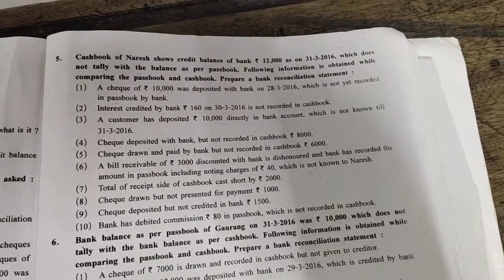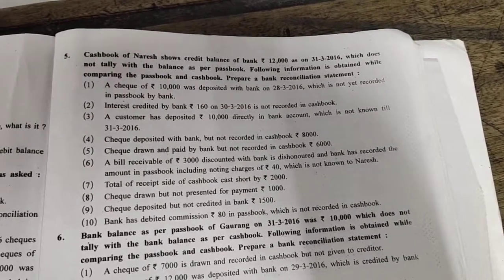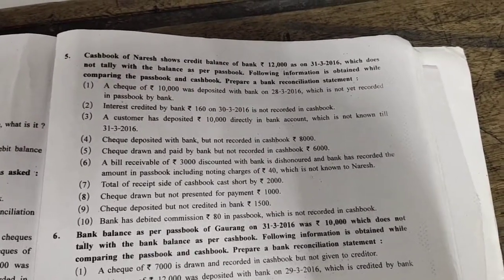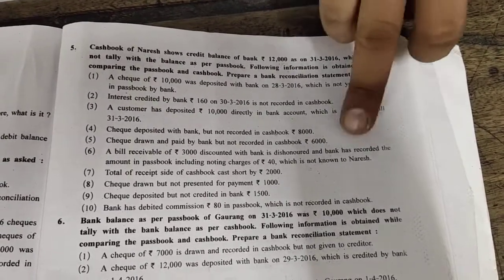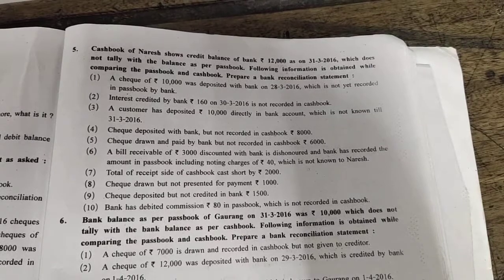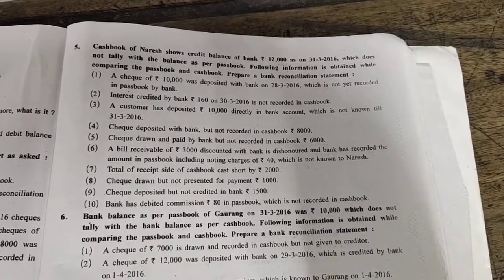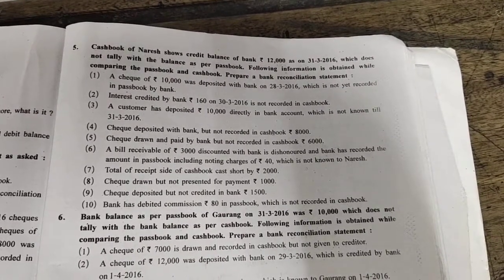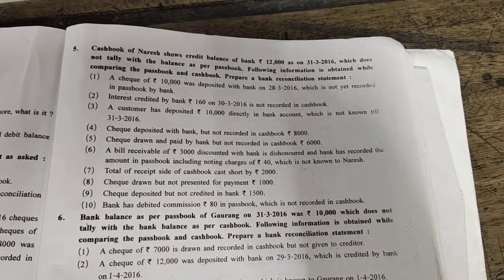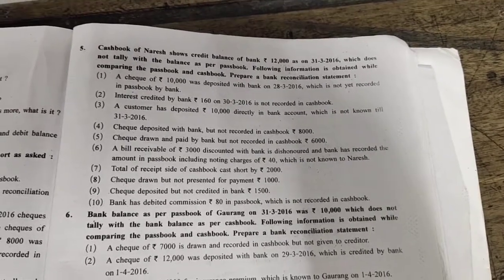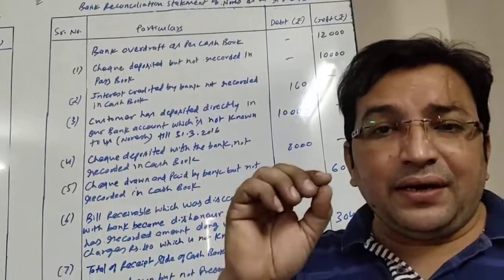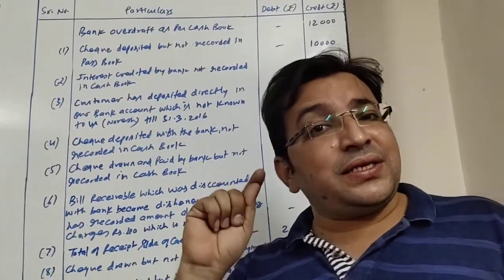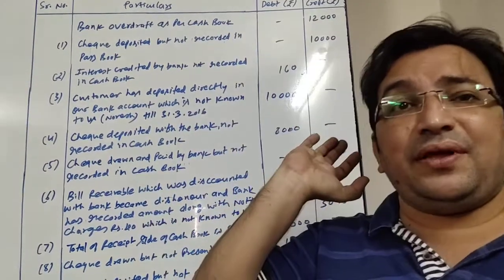Next one, sixth: a bill receivable of rupees 3,000 discounted with the bank is dishonored and the bank has recorded the total amount in the passbook including noting charges of rupees 40, which is not known to Naresh. Friend, this is a transaction of a bill receivable which was earlier discounted with the bank.